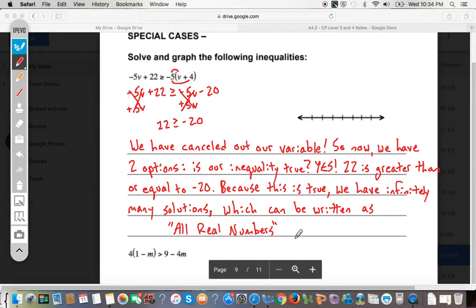Okay? So what this is ultimately saying is if we have infinitely many solutions or all real numbers, we could pick any number in the world for v, okay, positive or negative, plug it in to our inequality up here, and no matter what number we plug in, our inequality will be true, okay?